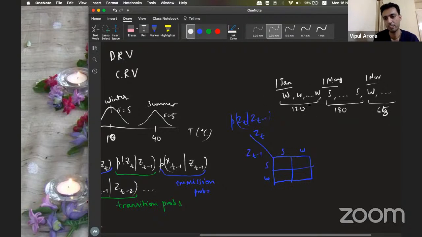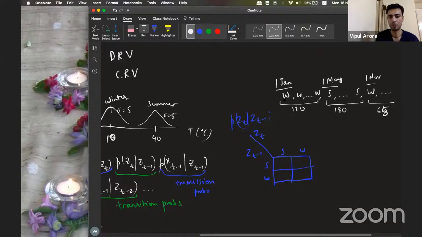Okay, let us do this analysis. For this observation, Z_{t-1} is winters, Z_t is winters. I have 4 cases possible: Z_{t-1} is winters and Z_t is winters; Z_{t-1} is winters and Z_t is summers; Z_{t-1} is summer and Z_t is winters; Z_{t-1} is summer and Z_t is summers. Let us try to extract these 4 possibilities from here.